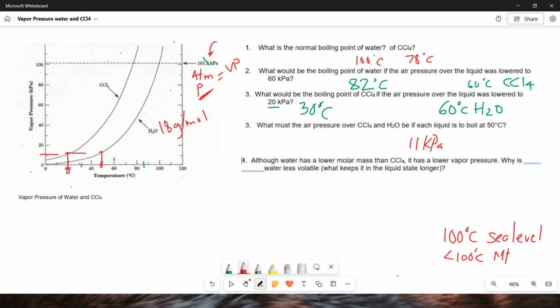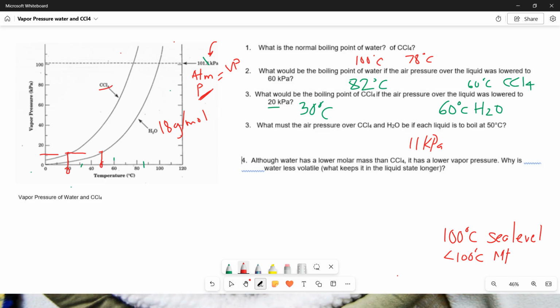And it says even though water has a lower mass and it has a lower vapor pressure, why is water less volatile? In other words, if I had a beaker of both of these sitting out, the carbon tetrachloride would vaporize first. And it's asking why. It's heavier. You would think that it would be slower. But it has to do with their intermolecular forces.